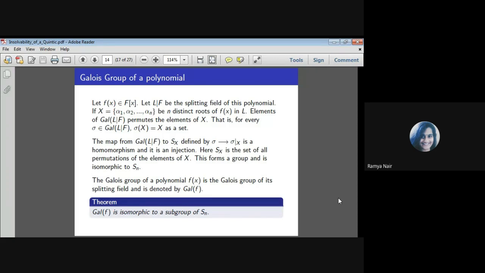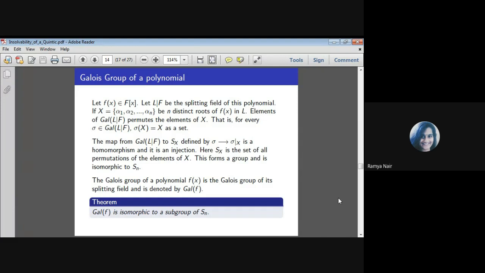Then this map, sigma going to sigma restricted to x, would be sigma going to (1 2), the element in your permutation group, that is 1 going to 2. Is this okay? This homomorphism is important. Did you understand the homomorphism?